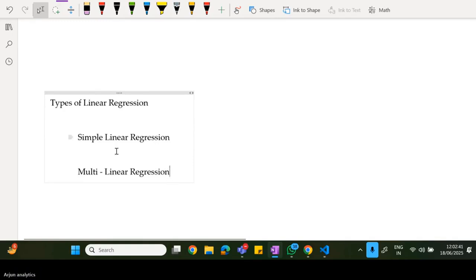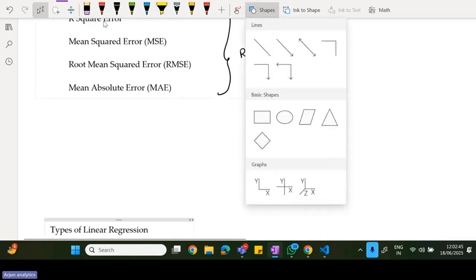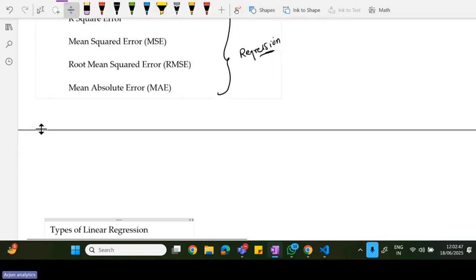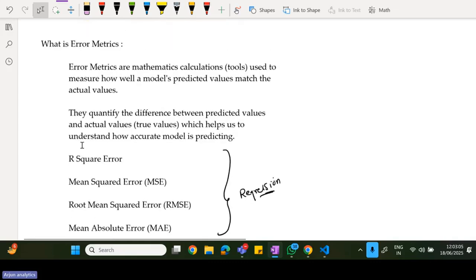Before going to this, usually people get confused a lot. There is something called loss function and cost function. See, loss and cost are almost the same.